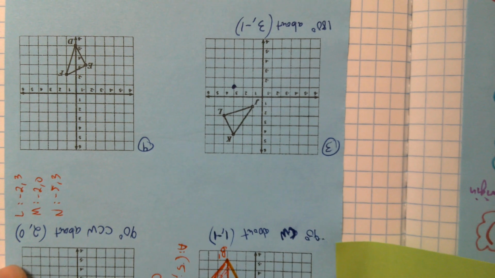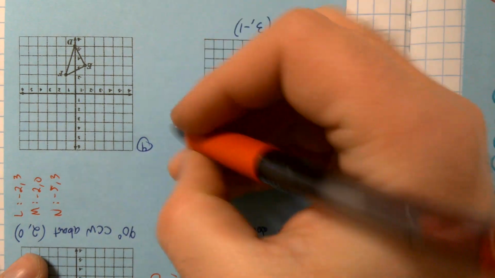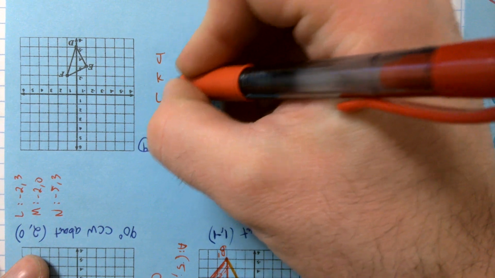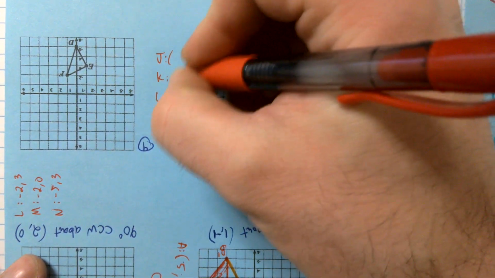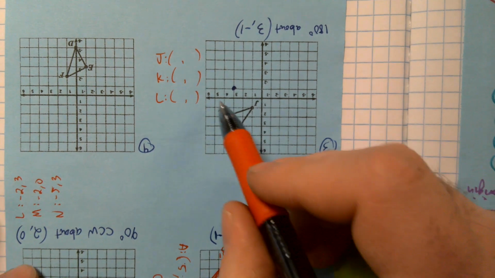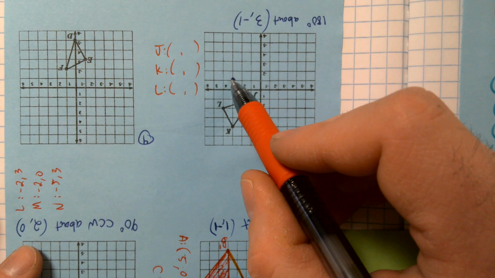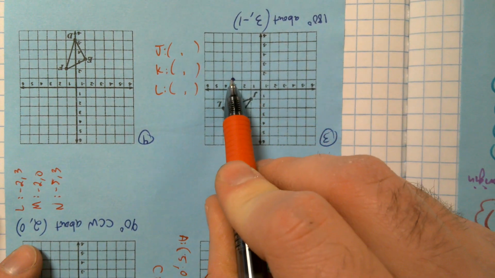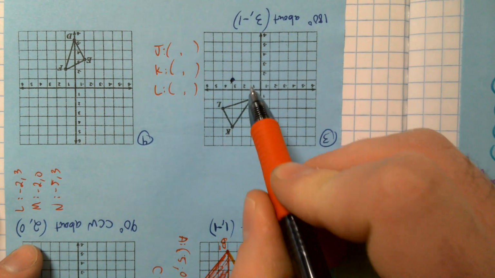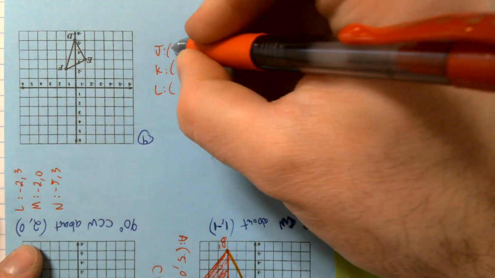I need a J, I need a K, I need an L. Now I'm going to write them upside down. All right. Here's my new pretend origin. What would my coordinates for J be if that was my origin? 2, -2.